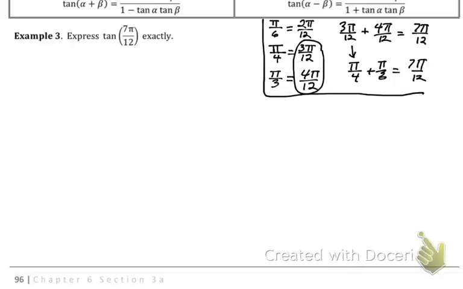So that means I can rewrite 7 pi over 12 as pi over 4 plus pi over 3. So we started with tangent of 7 pi over 12. That's going to be the exact same thing as tangent of pi over 4 plus pi over 3.